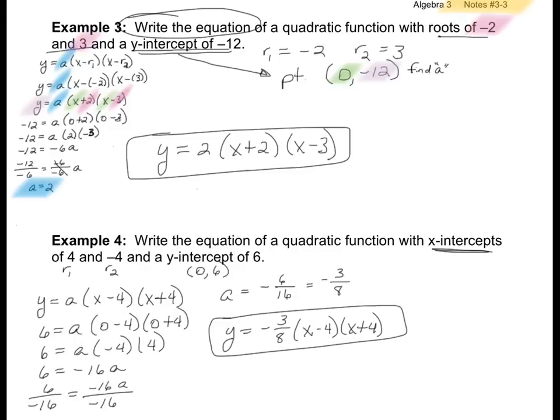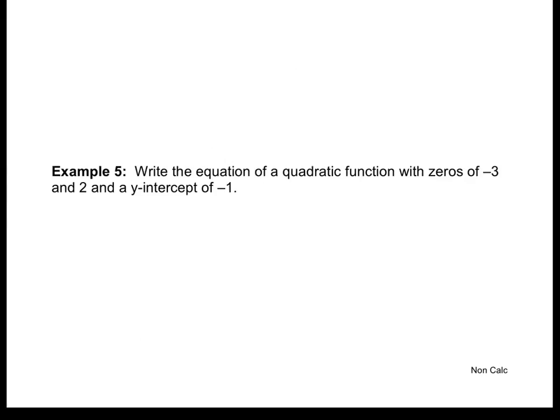The last example from the notes was, instead of roots or x-intercepts, we called it zeros, but it's still roots. So here's our root 1, here's our root 2, and this is a y-intercept, so the point is 0, negative 1. Okay, put it in the equation.